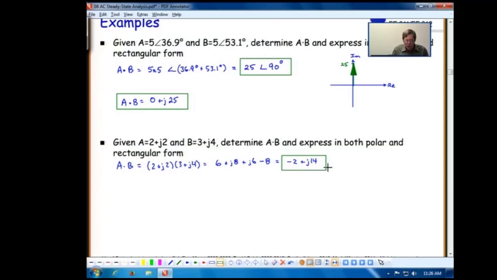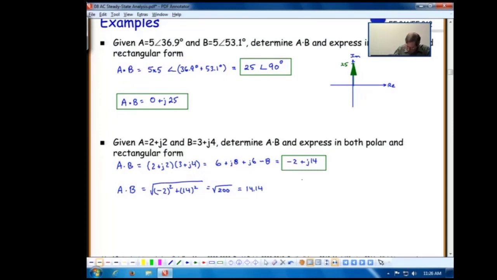If we convert that to polar form, we get a times b equals, the magnitude would be the square root of minus 2 squared plus 14 squared, which is root 200, which is 14.14.